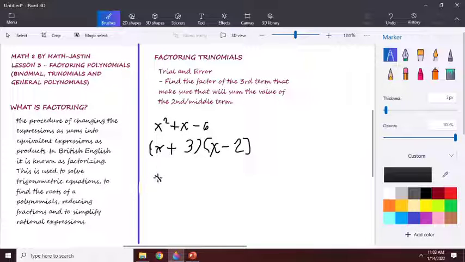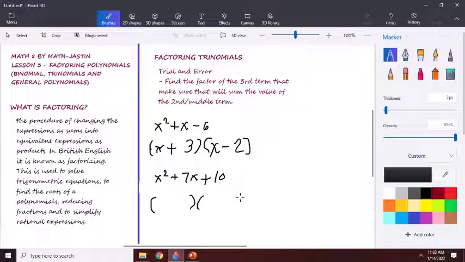So we have x squared plus 7x plus 10. So, ganito, tansya-tansya. Paano po naging 5 times 2?